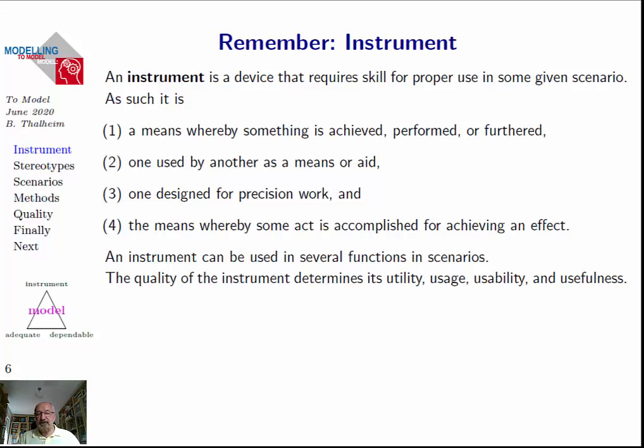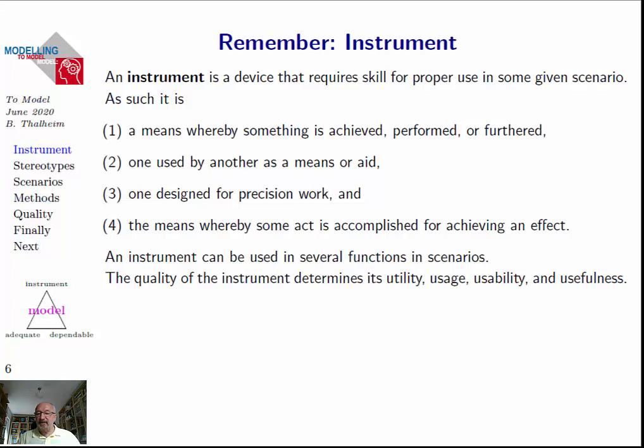As such, it is a means whereby something is achieved, performed, or furthered, one used by another as a means or aid, one designed for precision work, and the means whereby some act is accomplished for achieving an effect.